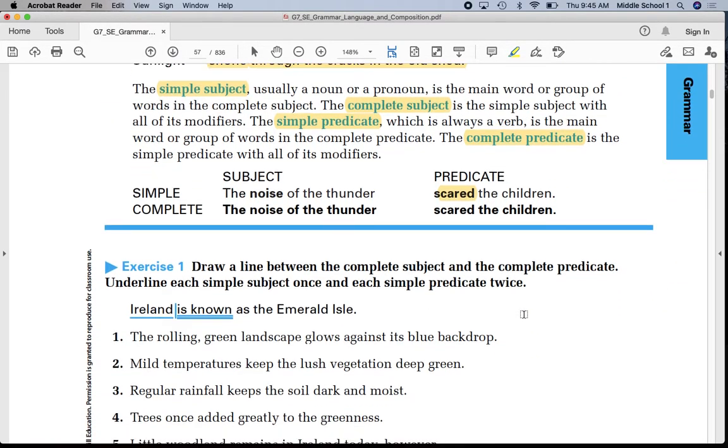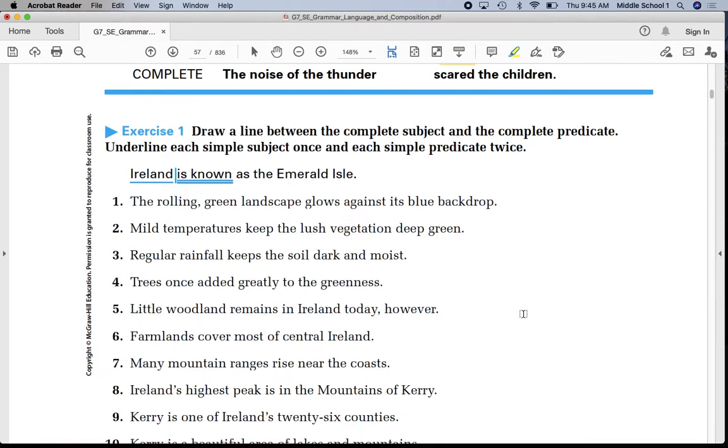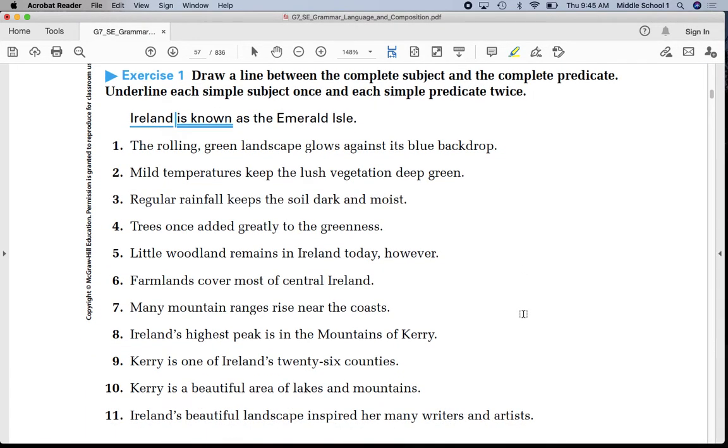We're going to go through these sentences and we're going to follow that same example. I'm going to underline the simple subject once. I'm going to underline the simple predicate twice. Sometimes there's going to be a helping verb. We'll try to remember to take this along.